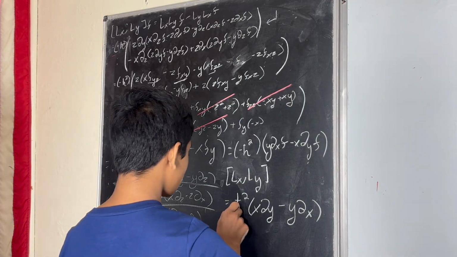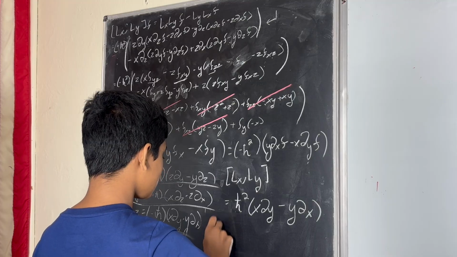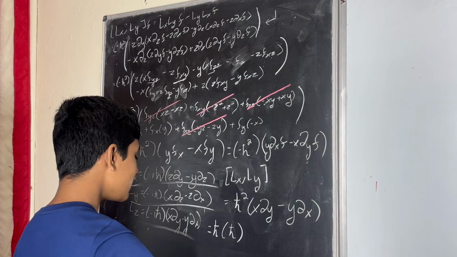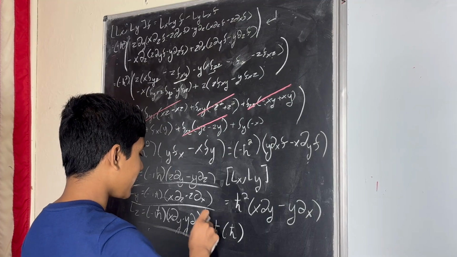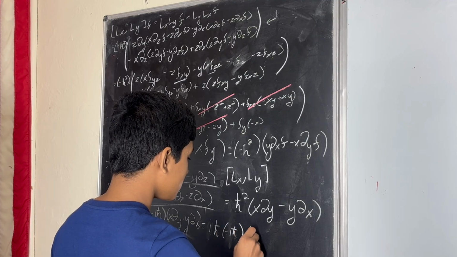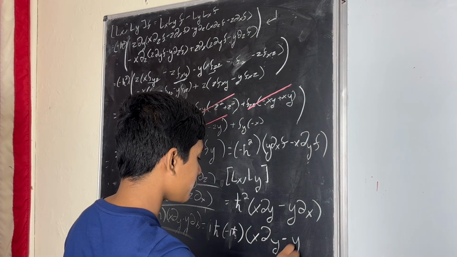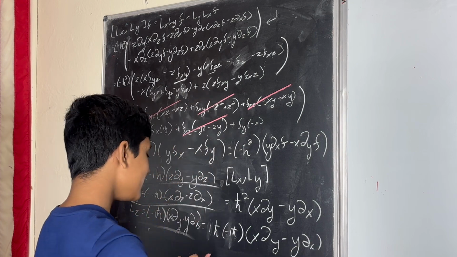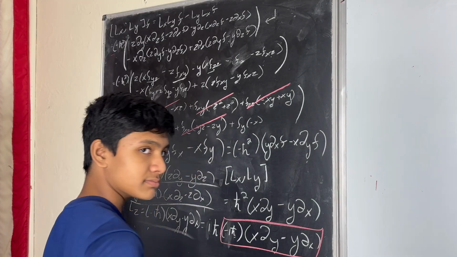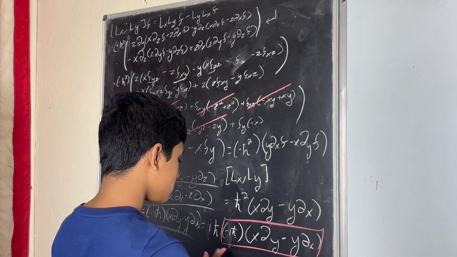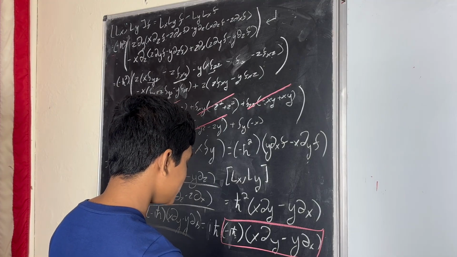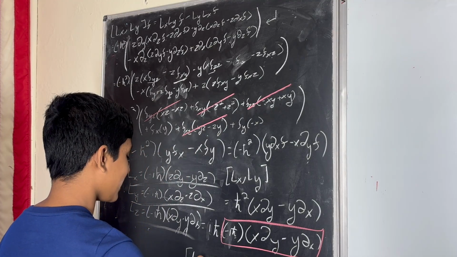In fact, if we factorize this, this is just going to be h bar multiplied by h bar, then this is going to be i h bar times minus i h bar. This is just Lz. And so we simplify everything to i h bar Lz for the commutator of Lx and Ly.